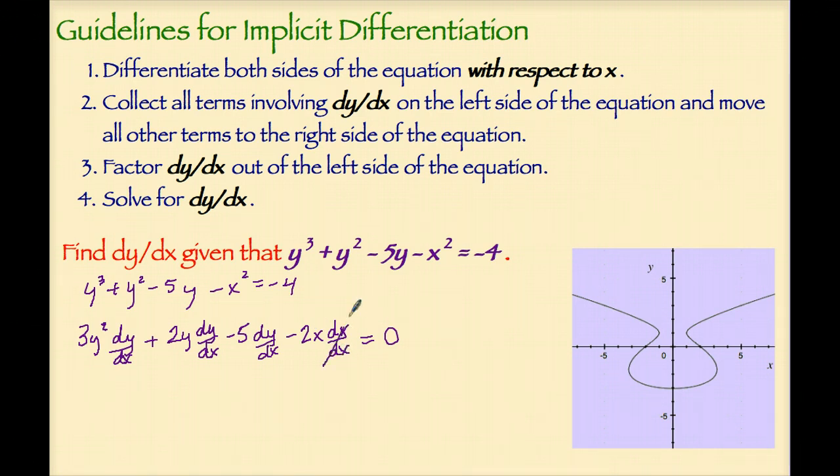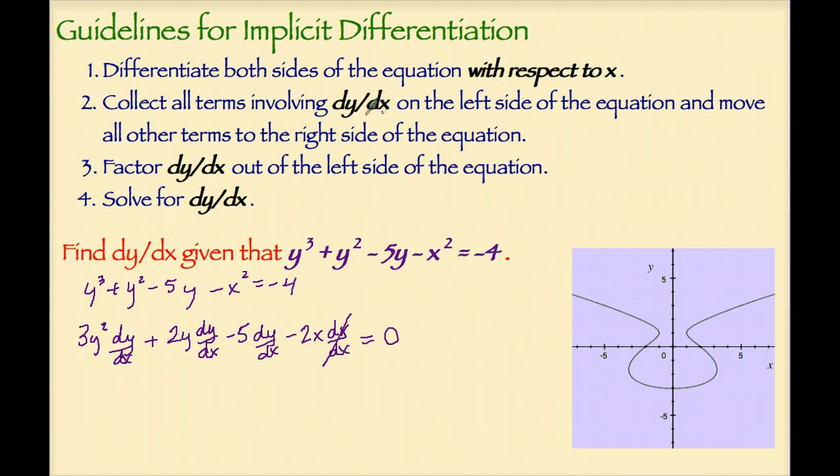But these dx dx terms don't really need to be in your final answer. That's really as though it were a 1. So even though I attached that differential for consistency in the process, it's not really necessary. And you might get to the point that when you're taking the derivative of an x term, you don't attach that differential.